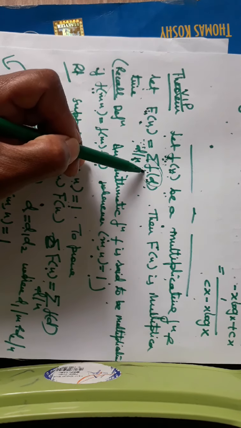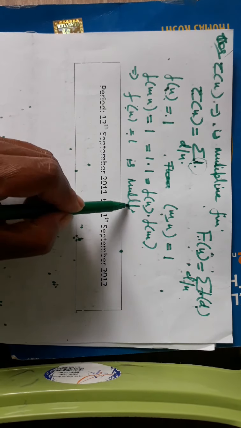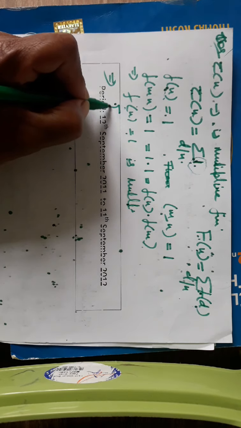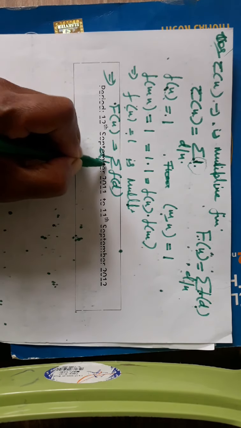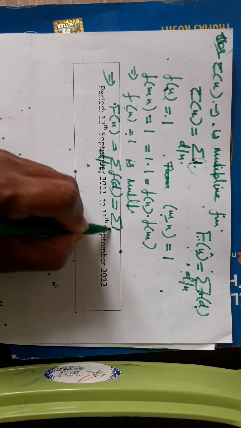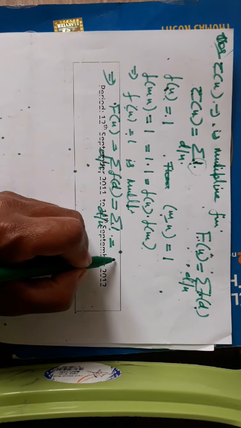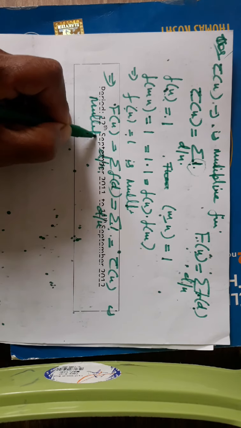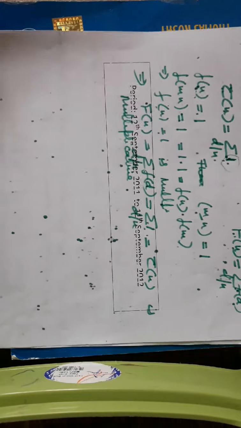Since f of n equal to 1 is multiplicative, as we have shown, by the above theorem the summation of f of d, where d runs over the divisors of n, which is the summation of 1, is nothing but tau of n, and it is multiplicative. I hope it is clear to you.